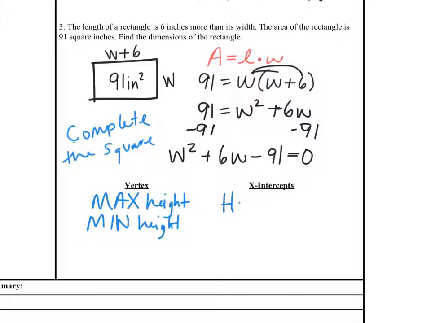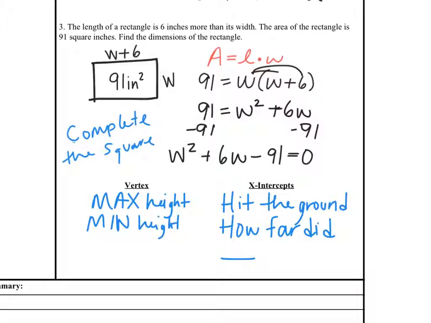When does it hit the ground? The other thing that you'll hear is if you have an animal or something. How far did the blank, like the frog or the kangaroo, how far did it jump?